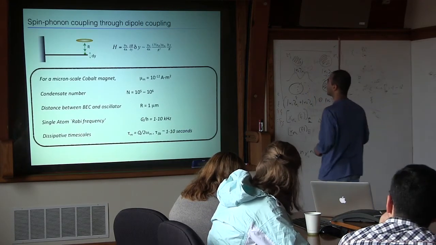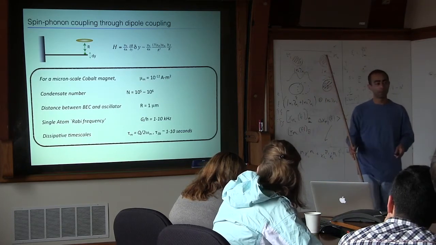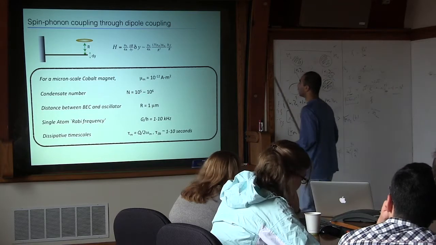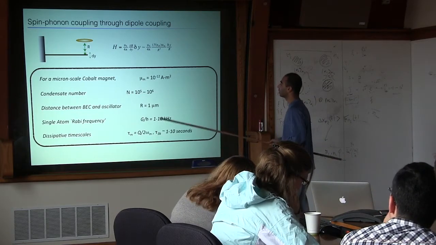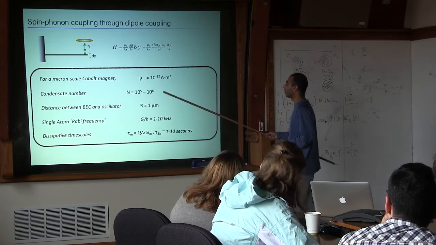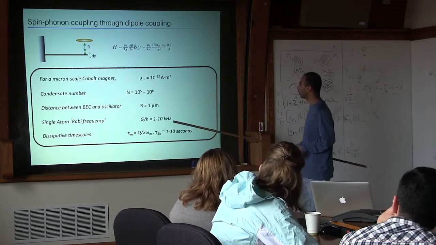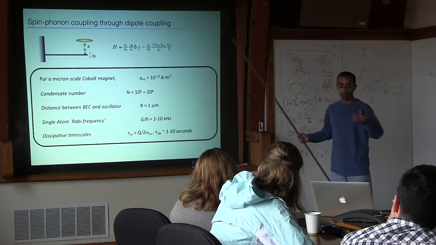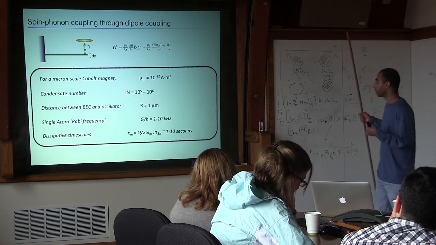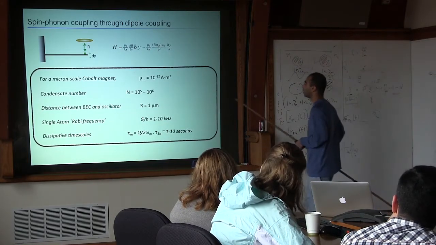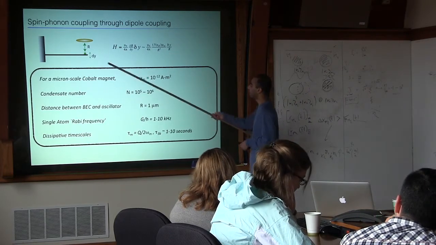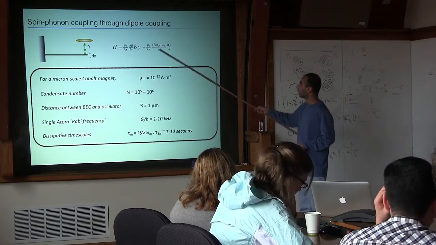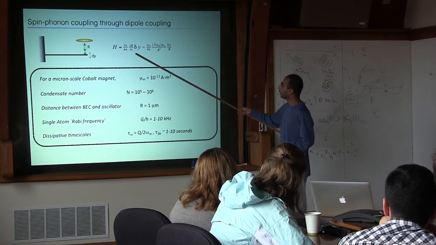And if you put in the numbers and ask, is this even feasible before we go off and write a grant to do it, the numbers actually look very, very favorable. For a micron scale cobalt magnet, that's the magnetic moment. We can make condensates on the order of 10 to the 6 atoms, and so that's a total spin of the condensate of about 10 to the 6. We can park the Bose condensate about a micron away from the surface of the oscillator, and so then you calculate the magnetic coupling, which is just the dipole coupling.